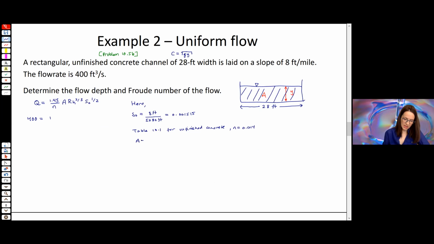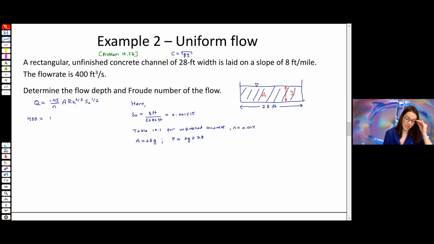Our A is equal to 28 times y. We don't know the depth yet. And our wetted perimeter is going to be 2 times y on the edges plus 28 on the bottom surface.